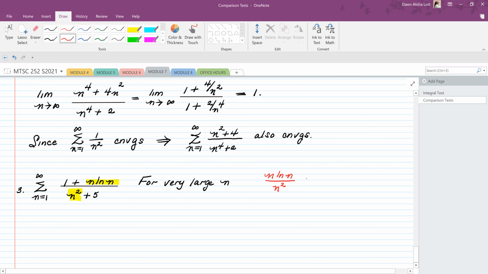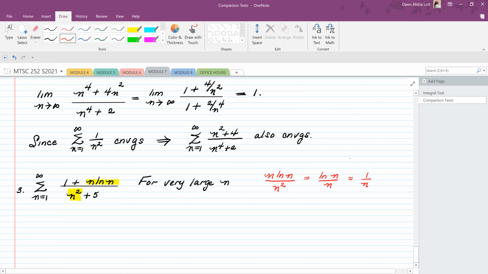So that kind of looks like the natural log of n over n. And as n gets really big, the n dominates the natural log of n, so this kind of looks like just something over n.